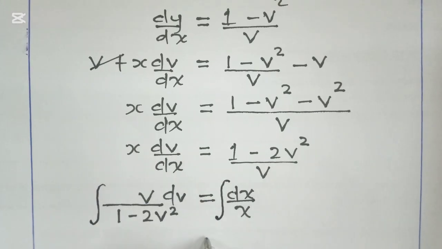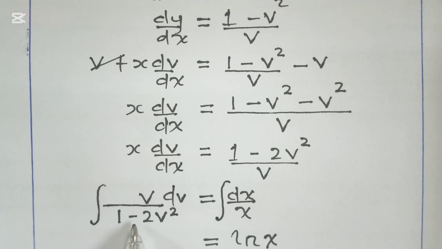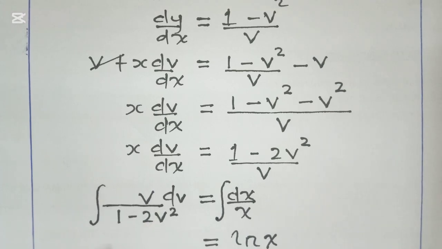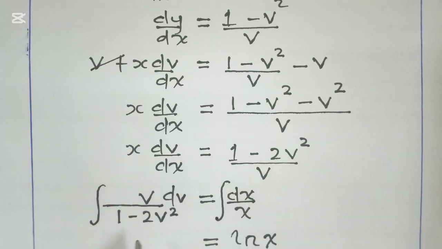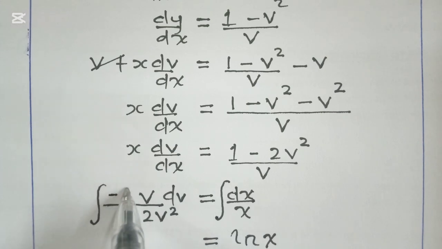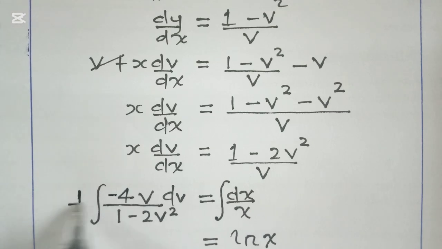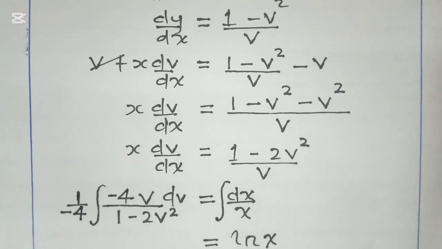In integrating this side, it will be ln x. While on this other side, we will need to modify this equation because the differentiation of negative 2v squared gives us negative 4v. So we can introduce a negative 4 here, but so that we don't change the equation, we put a 1 over negative 4 like that, so that the equation remains the same.